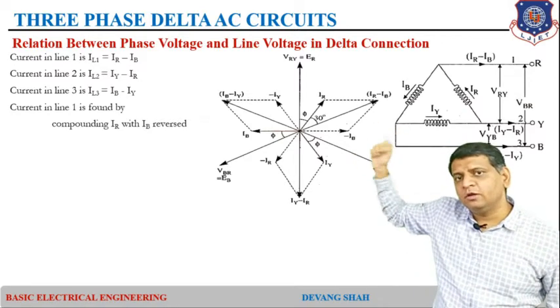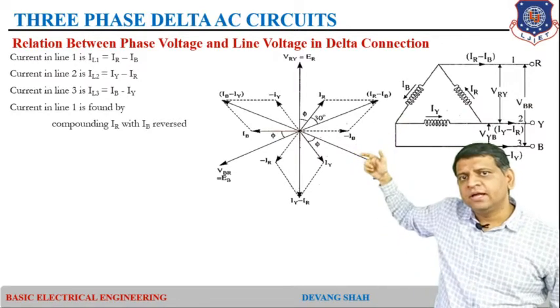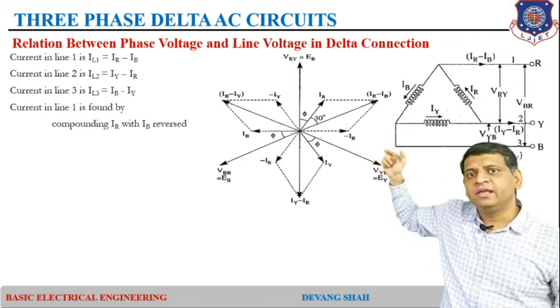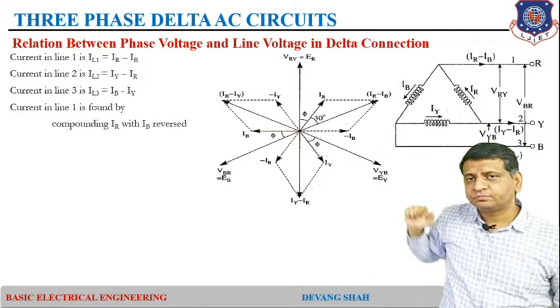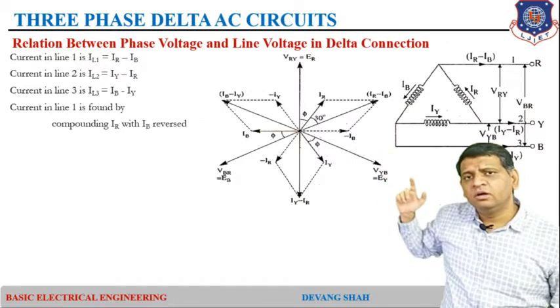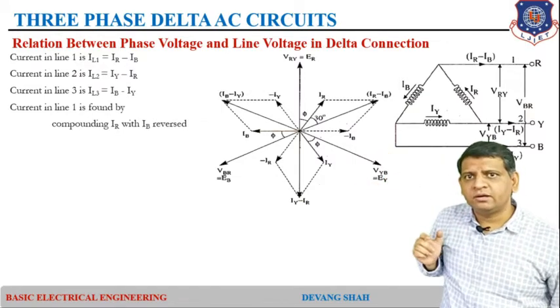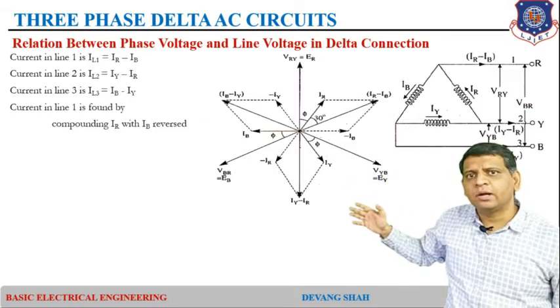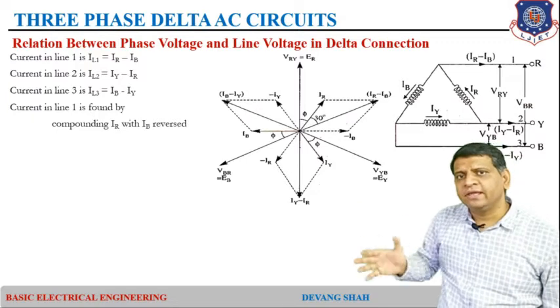Using the parallelogram method, if you find this diagonal, you will find the magnitude of IL1, and that IL1 you can solve using trigonometry. In the same way you can use the parallelogram method and find the vectors of IL2 and IL3.